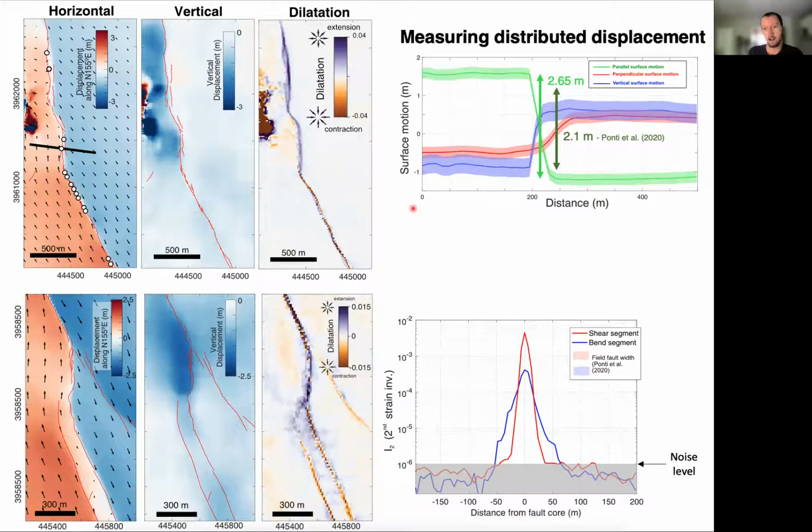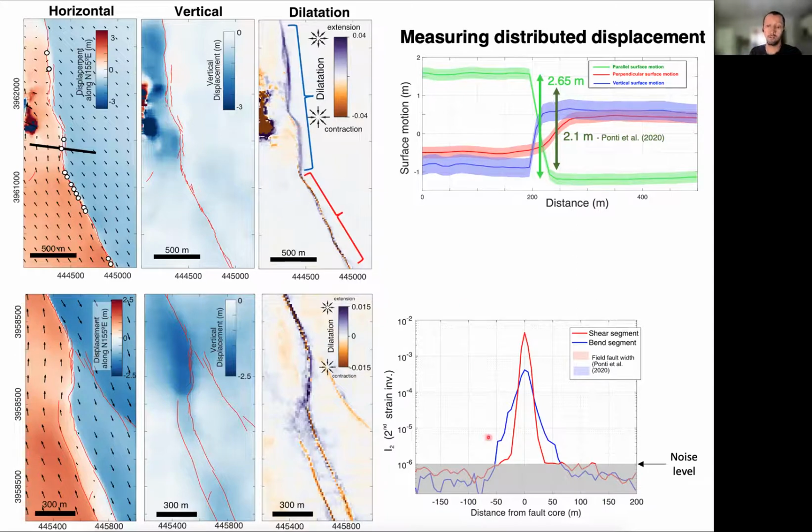We can also look at how the strain attenuates or varies across these different ruptures. You can see these different segments. What we'll call the shear segment is a very narrow fault zone, and within this transtensional bend, you can see the fault zone widens.